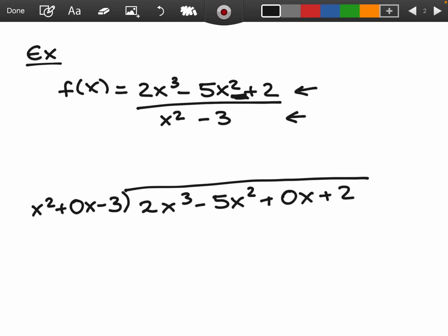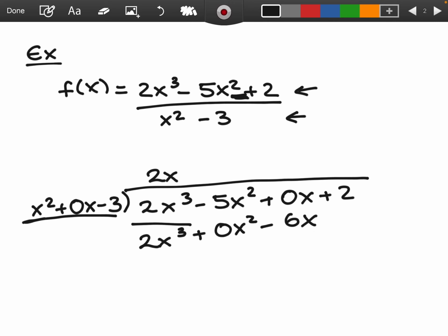So now we go ahead and do this division. I look at how many times x squared goes into 2x cubed. That would be 2x, because 2x multiplied by x squared gives me 2x cubed. Then I multiply my whole outside polynomial by that 2x. That gives me 2x cubed plus 0x squared minus 6x.